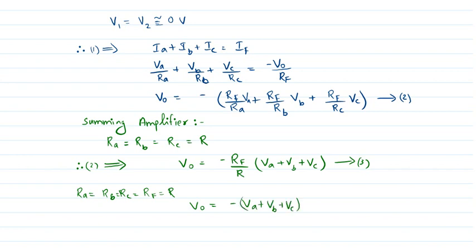So in the case of summing amplifier in the inverting configuration, the output voltage is equal to the negative sum of all input voltages.